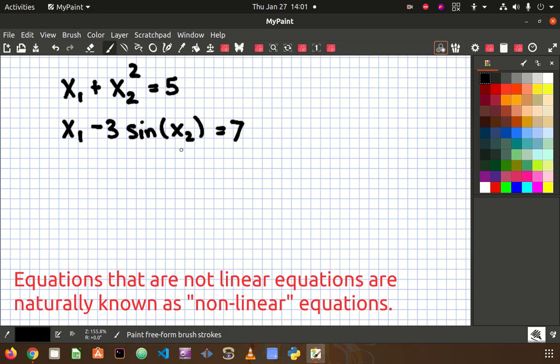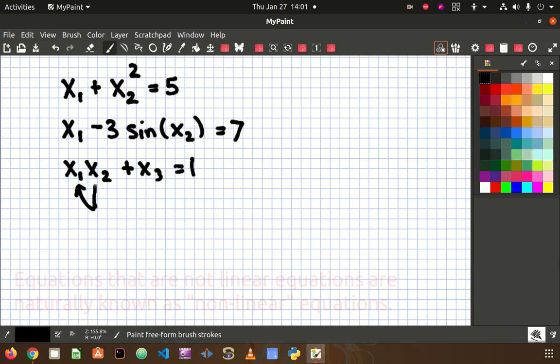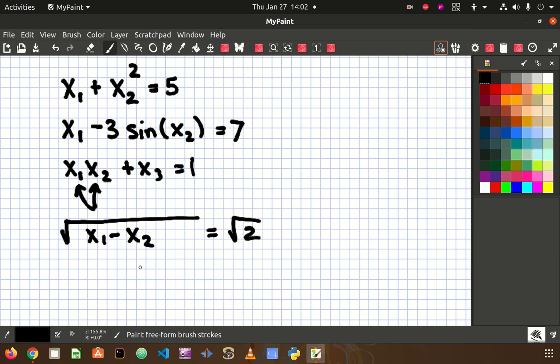You can't take any operator, really, other than a constant times a variable. x1 times x2 plus x3 equals 1. That's not a linear equation because you can't have the product of two variables. The square root of x1 minus x2 equals the square root of 2. This is not a linear equation because you can't take the square root or the cube root or any root of a variable.